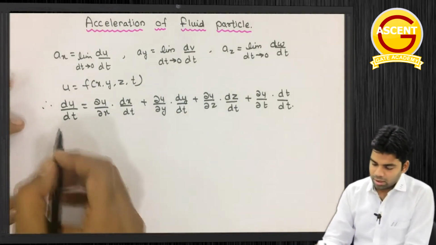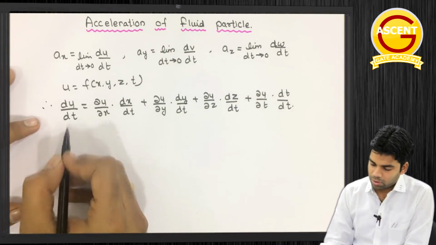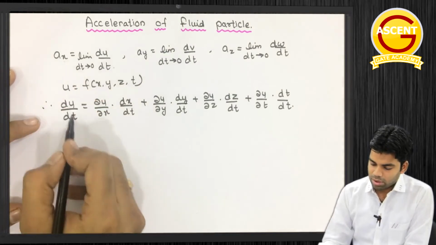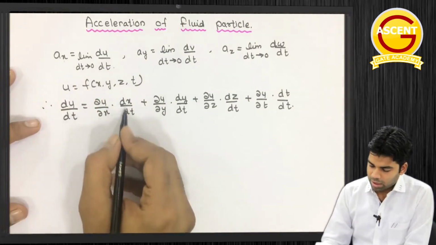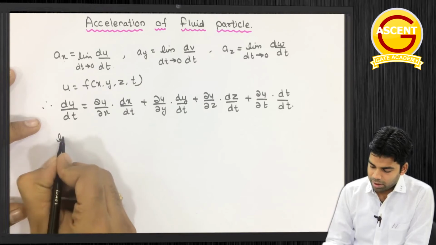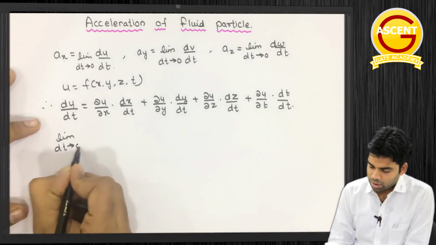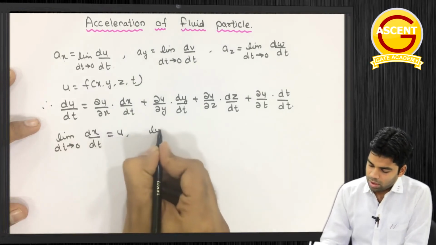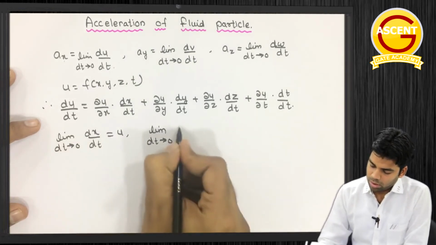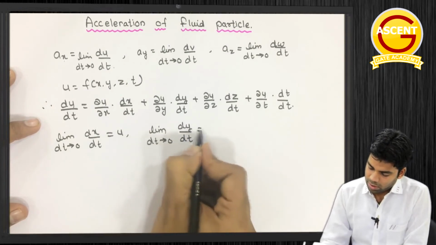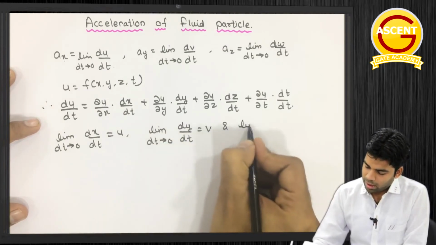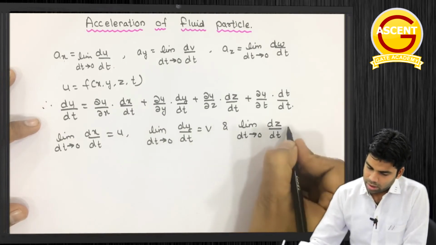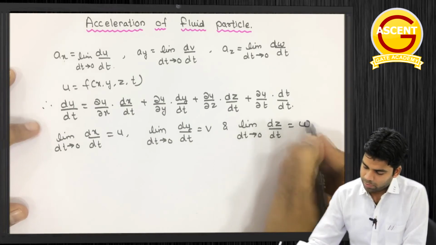Here del u by del t, as we know, is nothing but acceleration. Similarly dx by dt is nothing but u, dy by dt is nothing but v, and dz by dt is nothing but w.